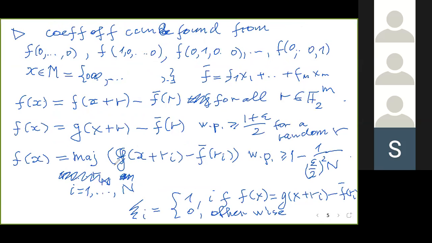We know G, but do not know bar F. And if we knew bar F, we could recover F exactly by this algorithm with a small probability of error.